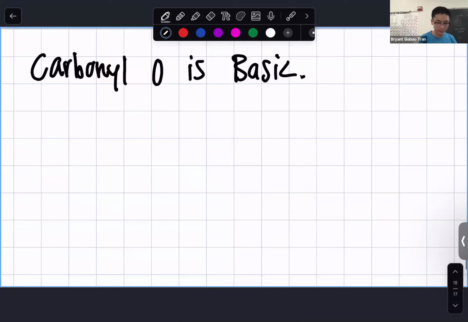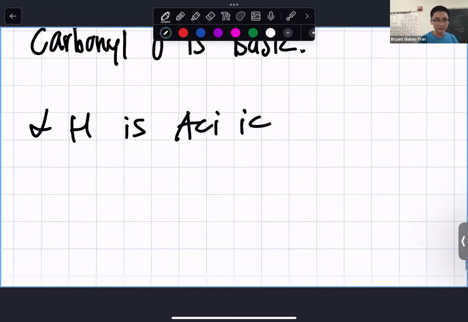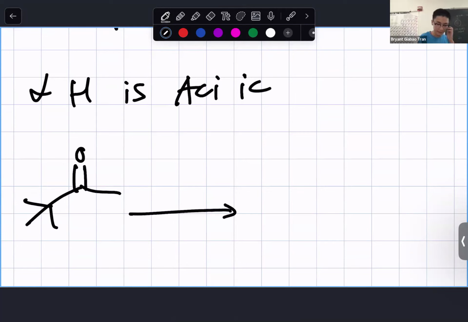But now let's talk about the alpha hydrogen. The alpha hydrogen is acidic, right? So let's say we have this ketone here, and we have some kind of strong base, like n-butyllithium.